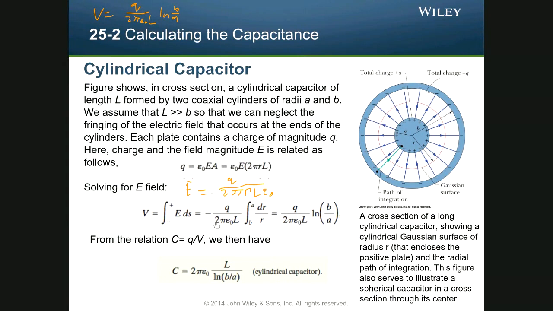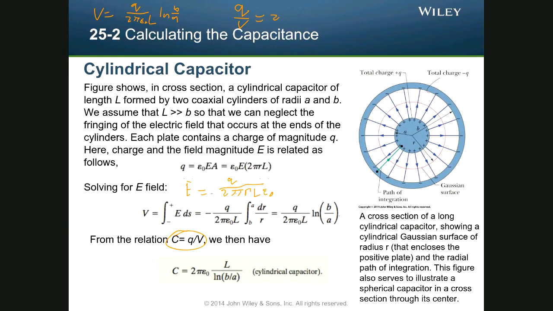So basically, what you do here is you rearrange and you solve for Q over V. Remember, C is Q over V, so we just do the algebra and rearrange everything. On one side we have Q over V, and then we move all the other stuff to the other side.